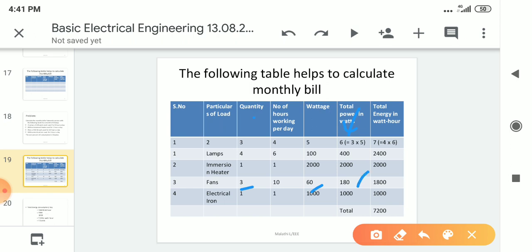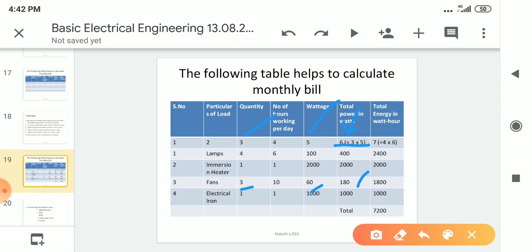Like that. For calculating this total power in wattage, we have to take the product of column number 3 and column number 5. After calculating total power for individual equipment, add all this total: 400 plus 2000 plus 180 plus 1000.